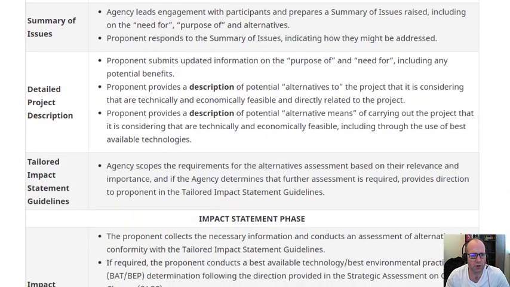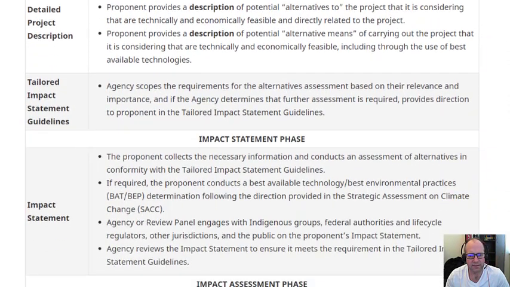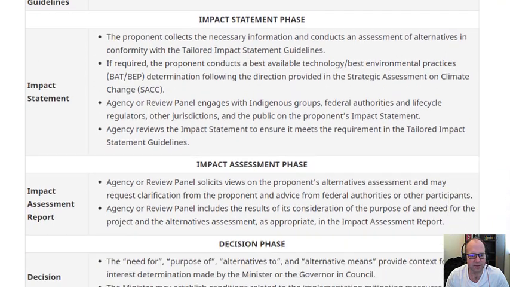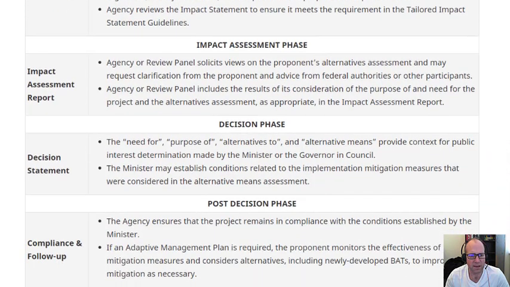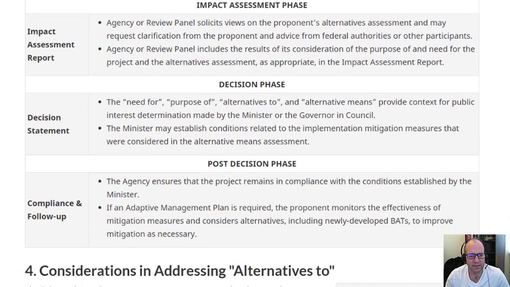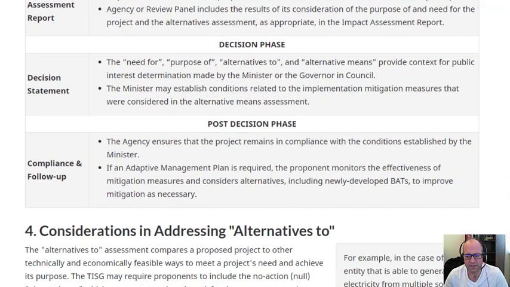So throughout the impact assessment and the impact statements, the alternatives are considered along with best available technology, and they're used as part of the decision-making process, including the decision statement. So the decision maker, who is often the minister, must consider alternatives as well.